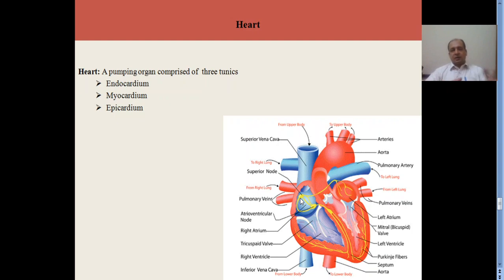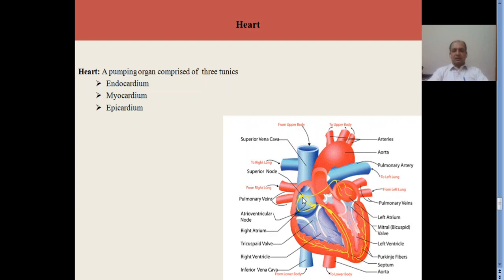Basically the impulse is generated by the heart itself. There are specialized types of cells present in the atria. These are called the pacemaker or SA node, present in the atrial region. Here you can see it has been shown, and this is communicated with the AV node, called the atrioventricular node.